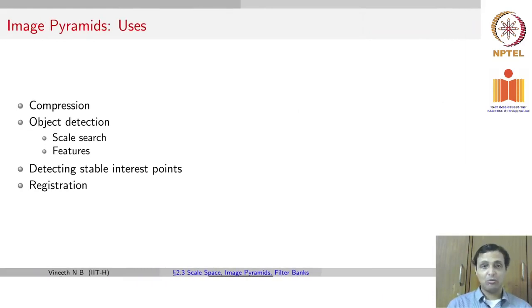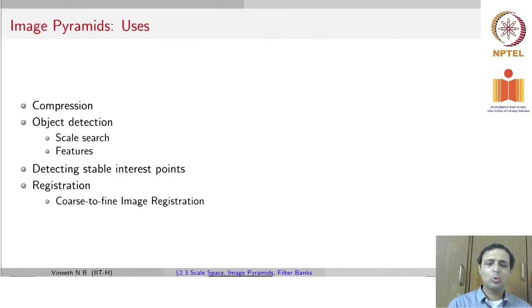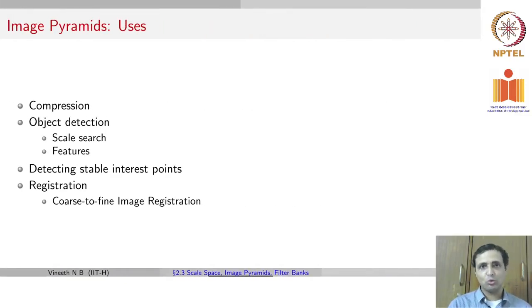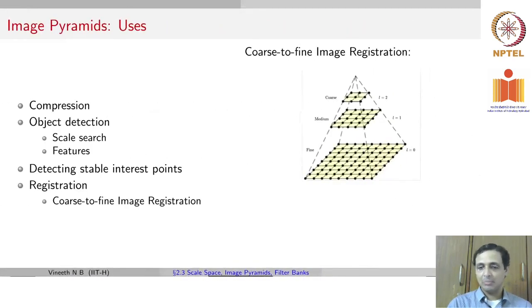Another application of image pyramids could be registration. Registration is the process of aligning key points from two different images. How do you use image pyramids in registration? You can do what is known as coarse to fine image registration, where you start by constructing a pyramid for each image that you have. So you have a coarse level, a medium level, and a fine level.